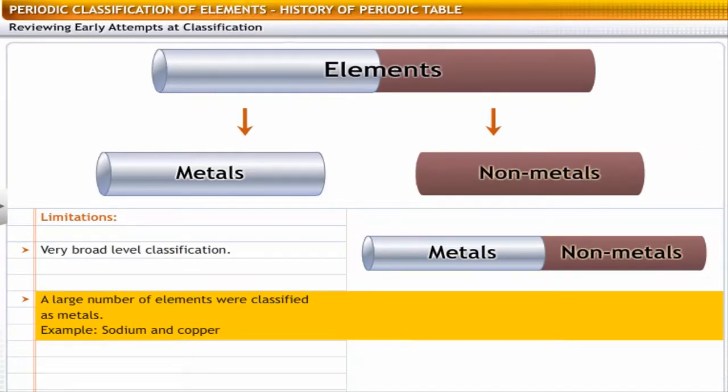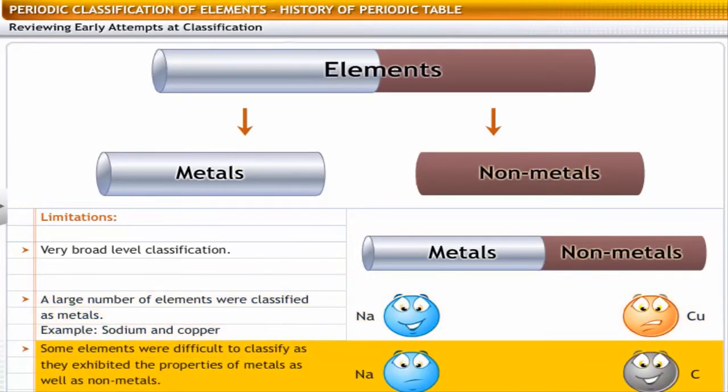However, they did not necessarily display similar chemical properties. For example, sodium and copper were both characterized as metals, but their chemical properties are very different. Some elements such as boron exhibited the properties of both metals as well as non-metals. It was difficult to determine how to classify such elements.